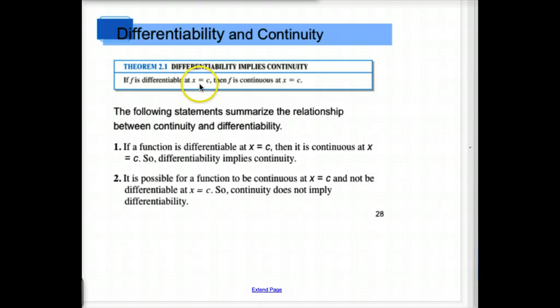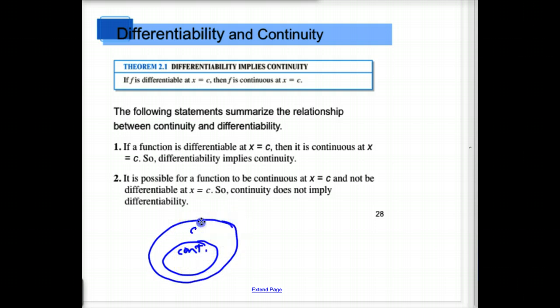If f is differentiable at x equals c, then f is continuous at x equals c. Because, let's think about the continuity, the things that are continuous are included in the things that are differentiable. But there are extra things that make it not differentiable that are continuous.